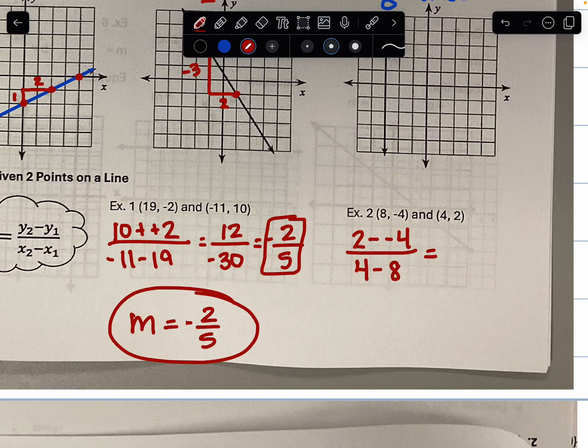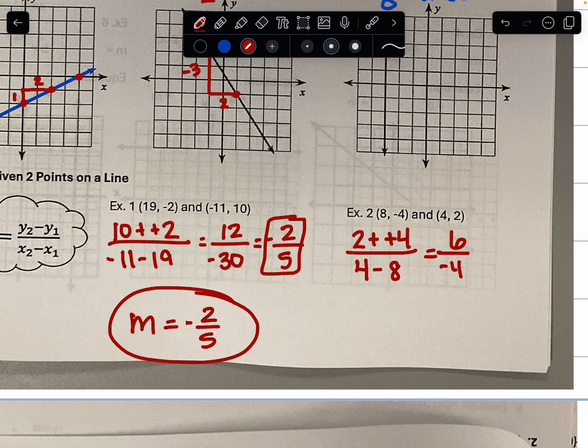Okay. Aiden, what's 2 minus -4? What happens to those double negatives, Aiden? Okay. 2 plus 4? 6. What about 4 minus 8? -4.